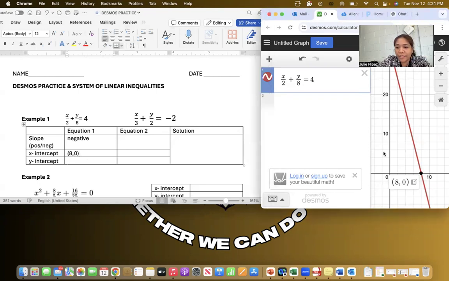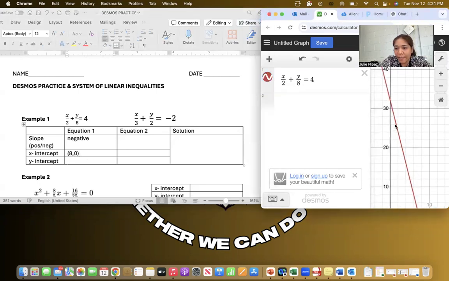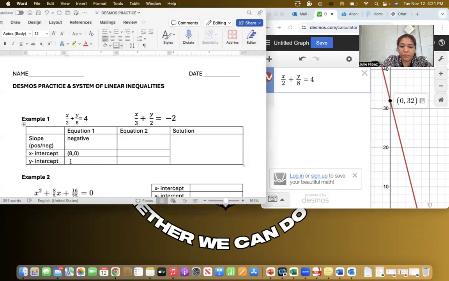Next, the y-intercept should be any point on the y-axis. And if you click that point, it will be at 0, 32. All right? So that's for equation number 1.